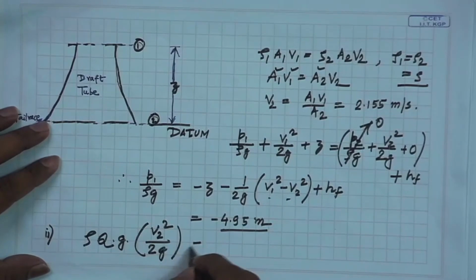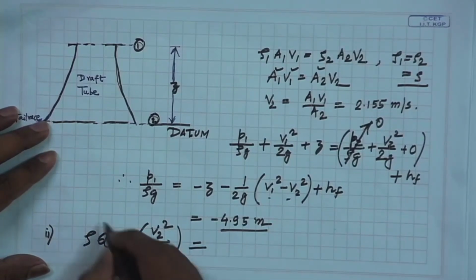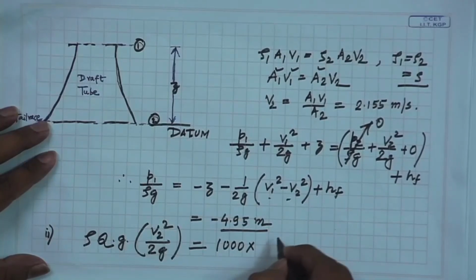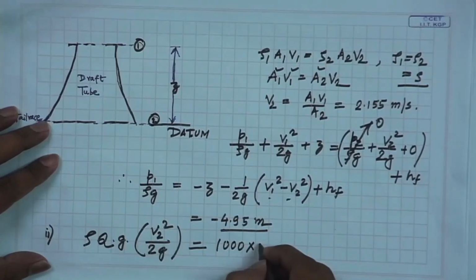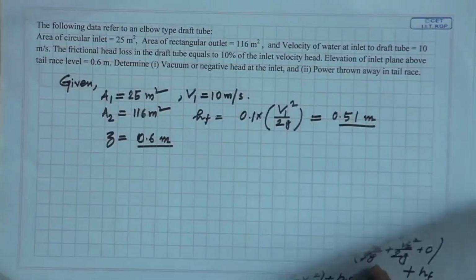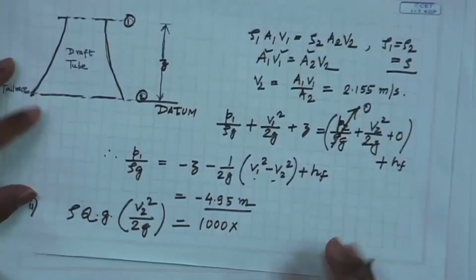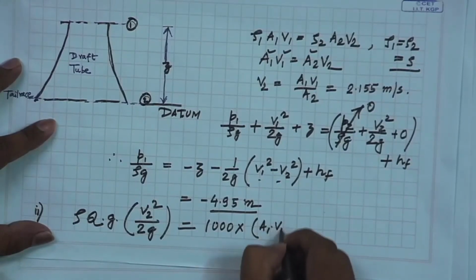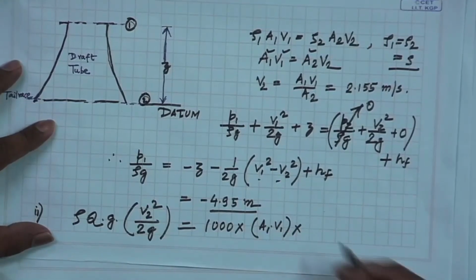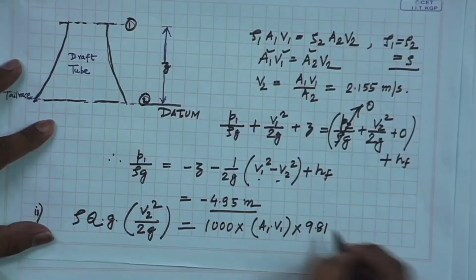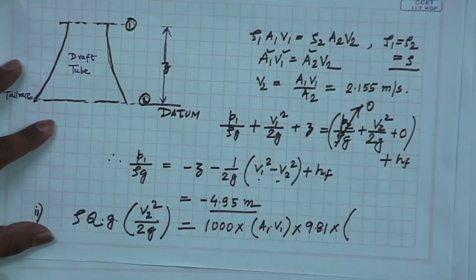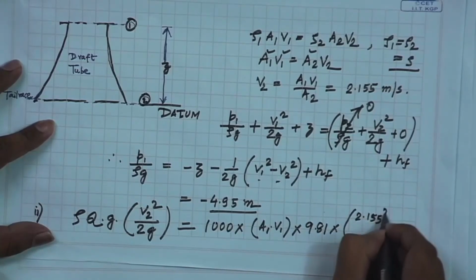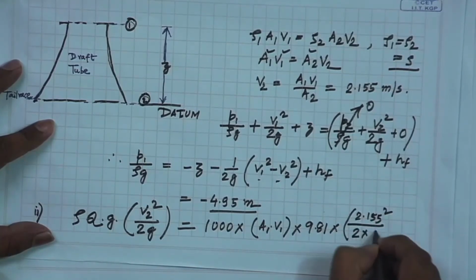Substituting all the values here, we have 1000 into Q. What is the value of Q? The value of Q is nothing but the product of A1 into V1, into 9.81, into V2, which we have found as 2.155 square, by 2 into 9.81.